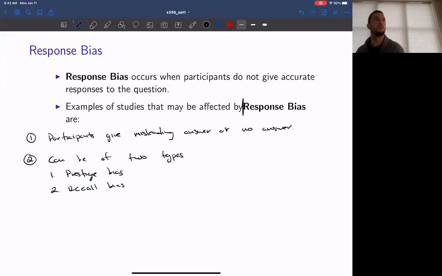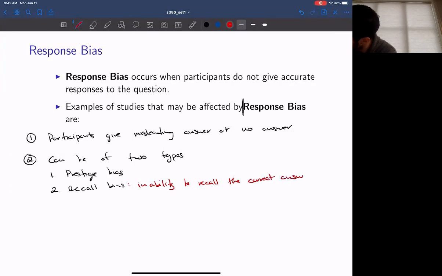Recall bias occurs when the element cannot remember the details to the answer. So recall bias effectively refers to the inability to recall the correct answer, or misremembers details.